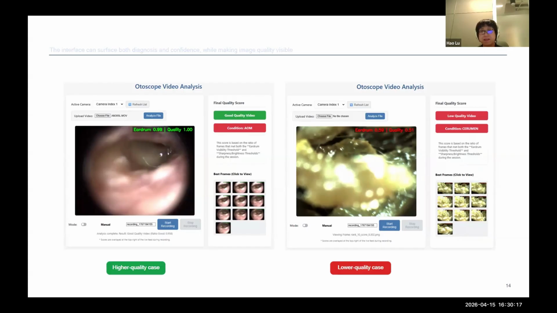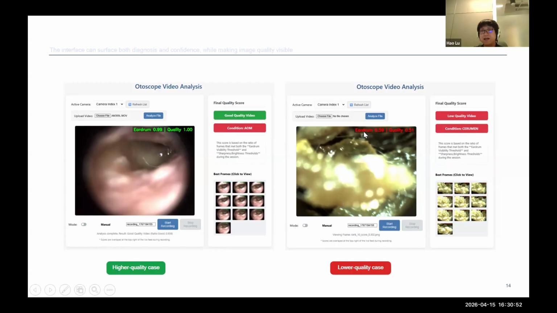This is an example of our product. We actually have already built a product with our model, which can in real time see whether you can see the eardrum in the current frame and the quality of the frame you currently see. And we can do the diagnosis in real time, say, okay, this patient has an AOM in this case.